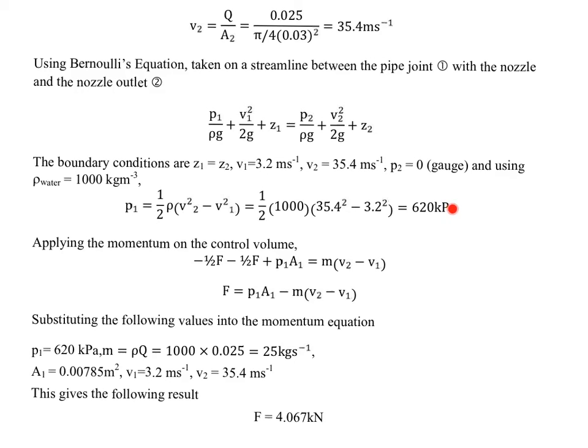Remember, the pressure P1 is 620 kilopascals gauge, because we assumed that P2 was atmospheric pressure. So the value of P1 is in fact 620 kilopascals gauge. This is stated explicitly in the question.